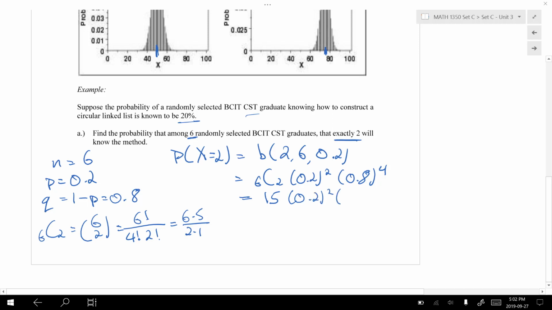We multiply by these numbers here. When one crunches this out, you can see about a 25% chance of this happening. So let's summarize. We've got a 24.58% chance that exactly 2 will know.